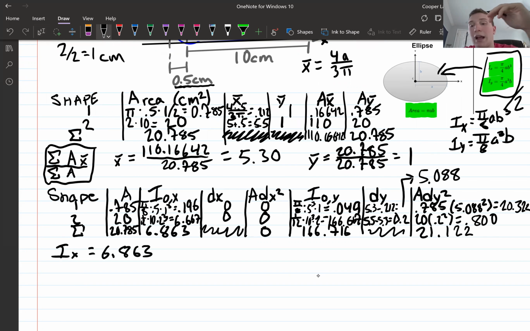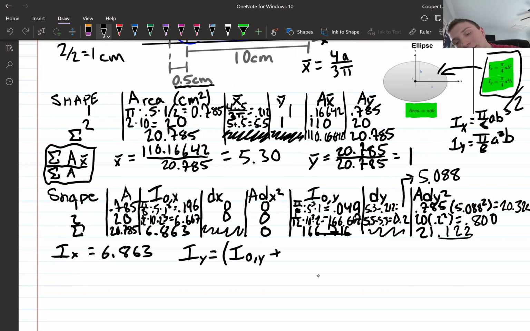Now this is a little more complicated when getting my final inertia around the centroidal axis, because I have this value here and I have the value here. But it's not much more complicated. All I simply do to get my I sub y value is take I sub 0,y and add my A dy squared.